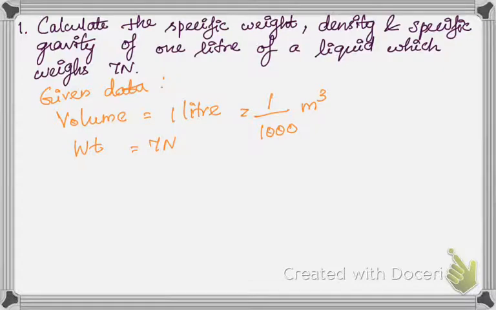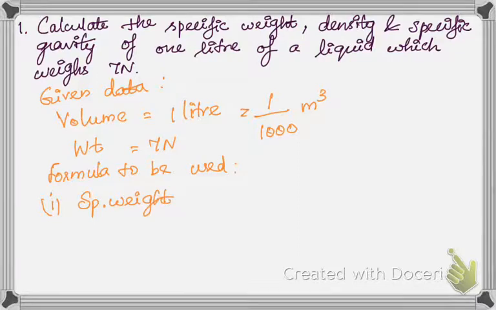Next, what is the formula to be used? They have asked for specific weight first. Specific weight is equal to weight by volume. The second one they have asked is density.